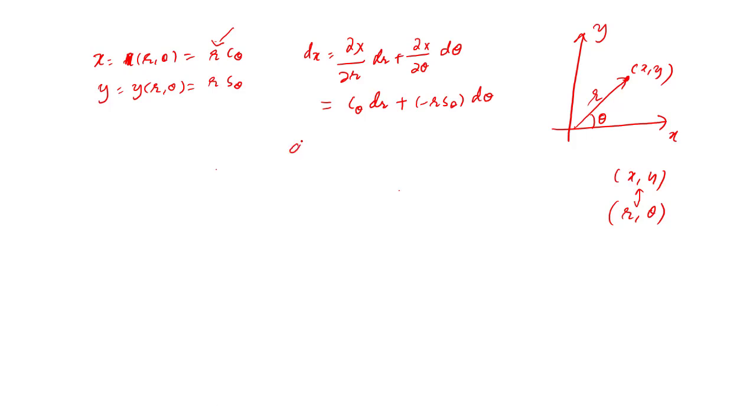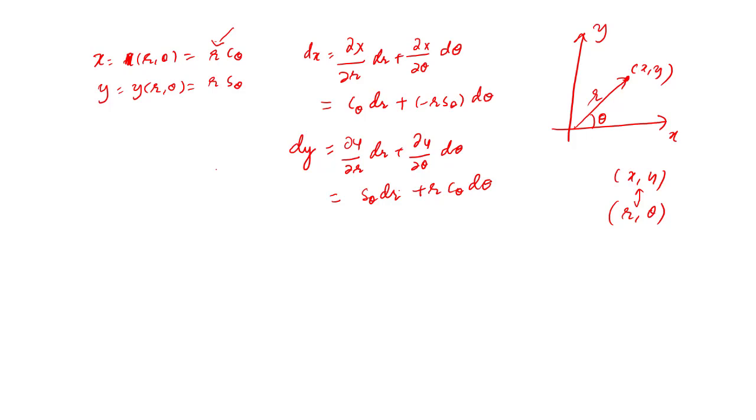Similarly, I can write dy. dy would be ∂y by ∂r dr plus ∂y by ∂theta d theta. So this would be sine theta dr, and this would be plus r cosine theta d theta.